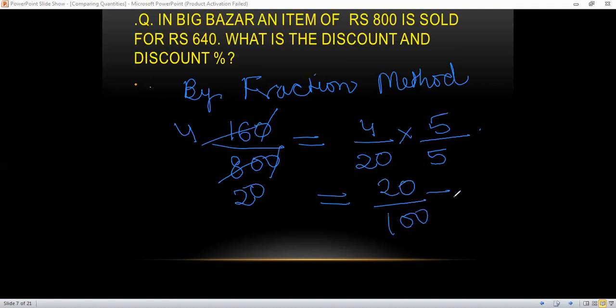So 20 by 100 can be written as 20 percent. So by the unitary method and by the fraction method, you can find the discount percentage. Now moving to the next topic.